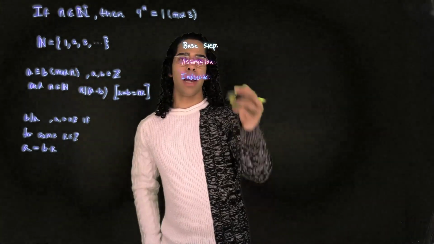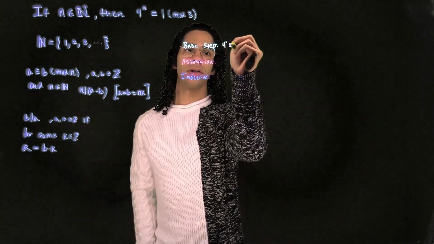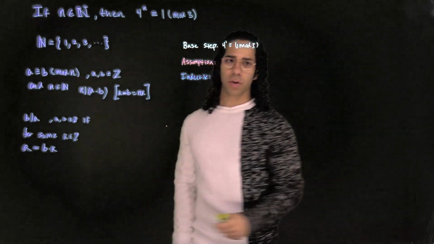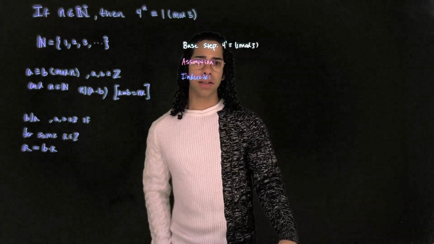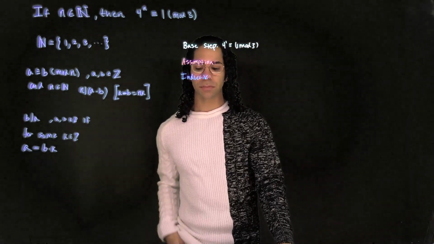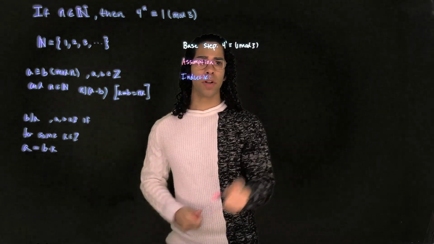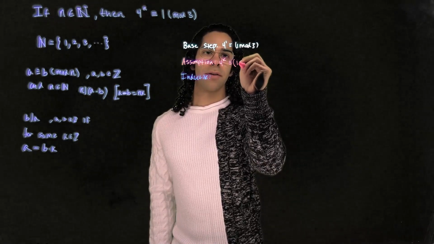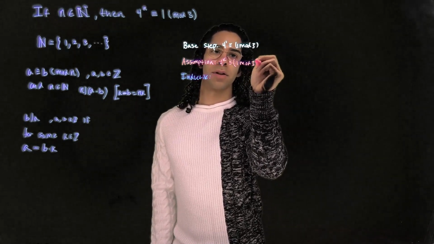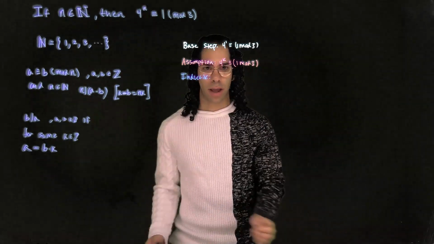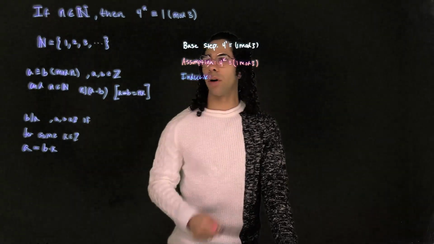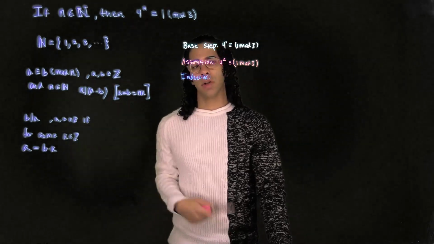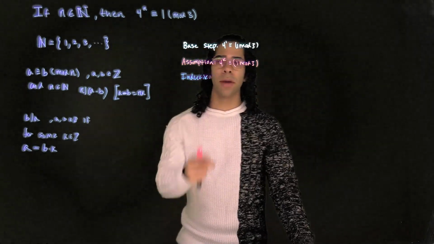So I'd say, hey, is 4 to the 1 congruent to 1 mod 3? By the definition of congruence and divides, 4 is indeed congruent to 1 mod 3. Then I would assume it works for some k. Some integer k will say, hey, 4 to the k is congruent to 1 mod 3 as well. I don't have to show that, I just assume it because it works for 1, 2, 3, 4, and keeps working for 5, 6, 7. So I'm just going to assume for some general sense that it works for k.